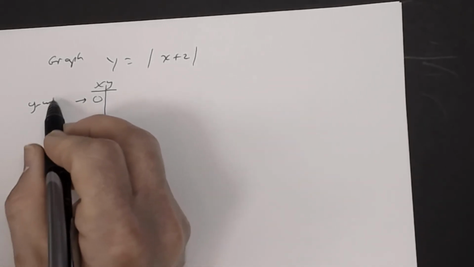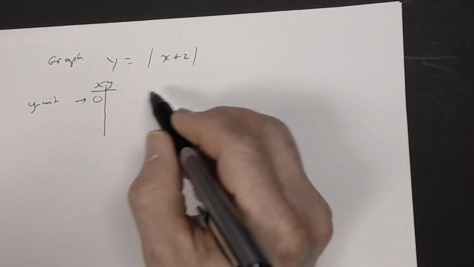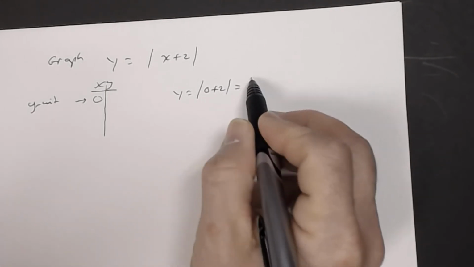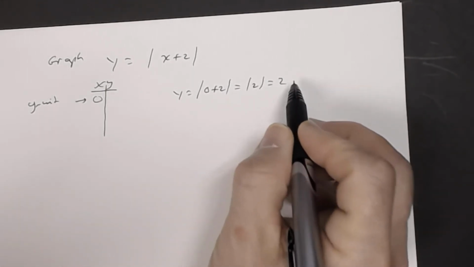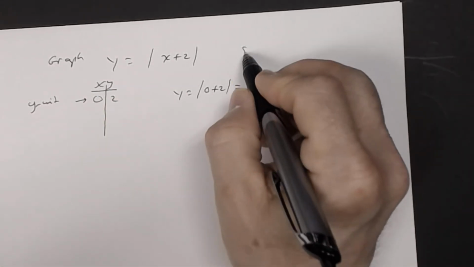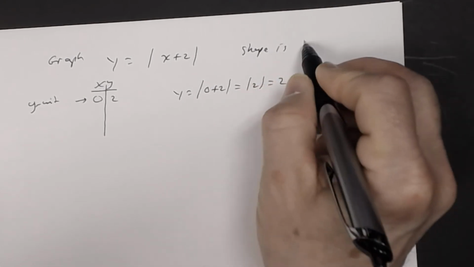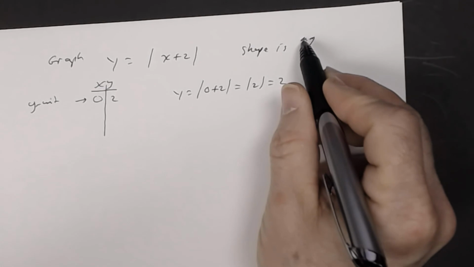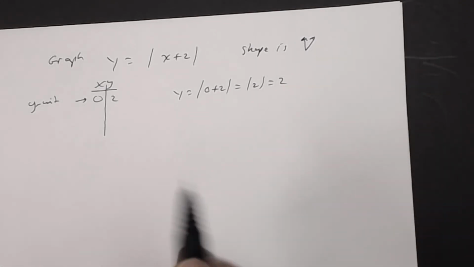Okay, so when x is 0, I get y equals the absolute value of 0 plus 2. So that's the absolute value of 2. And what's the absolute value of 2? 2, right? So I'm going to plot the point 0, 2. Now remember, we're graphing an absolute value. So what's the shape? The shape is a V. The point where the two rays meet, that's the vertex.